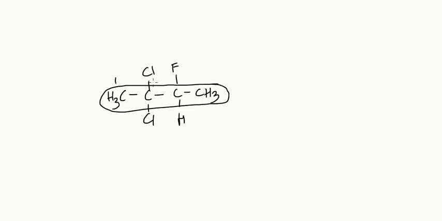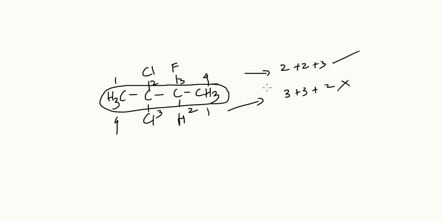If you go for numbering in this manner, and if you go for numbering in this, here you see that the chlorine is getting the number 2 twice and 3. If you go for this numbering system, it would be that, and if you go for this numbering system, it would be 3 plus 3 plus 2. So if you calculate overall, this would give you the lowest possible number. Therefore, we would be selecting this numbering system rather than this.